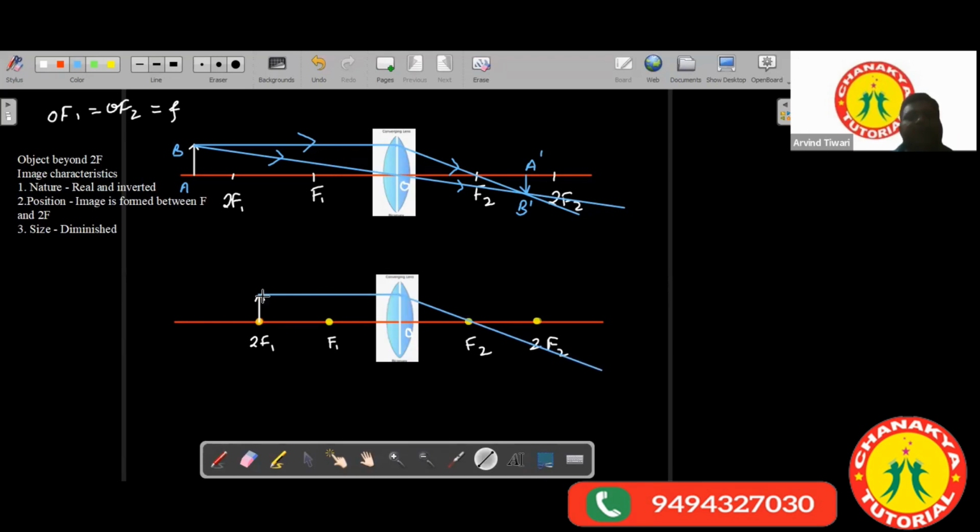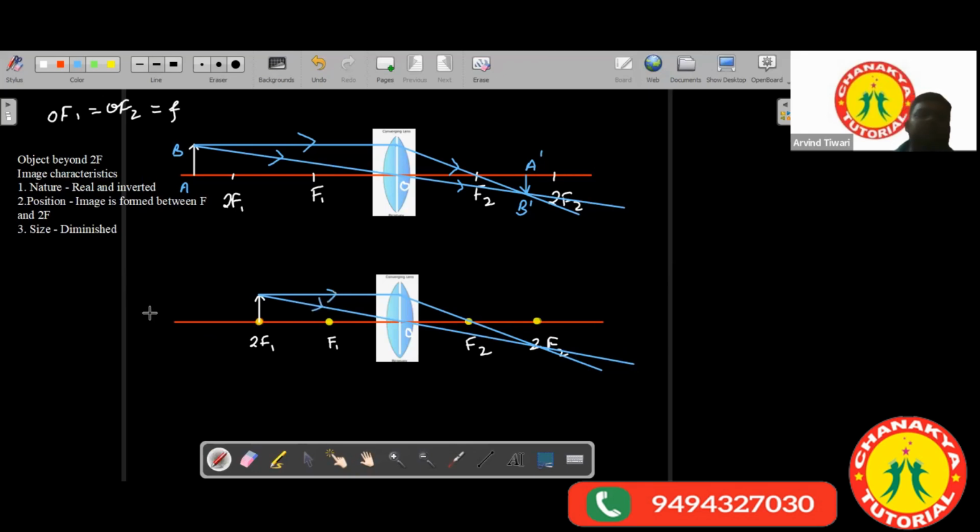The second ray of light we will take to be passing through the optic center. So from here we start, and we take the second ray of light passing through the optic center. And you see the two rays meet exactly at 2F. The two light rays meet exactly at 2F.